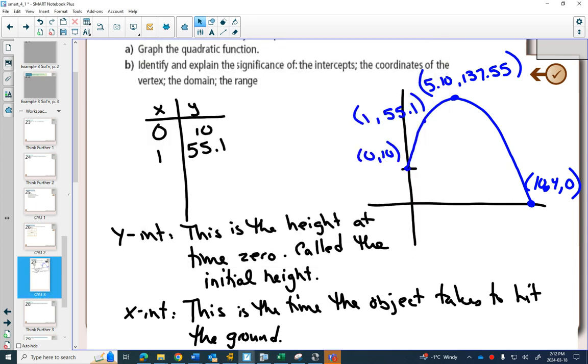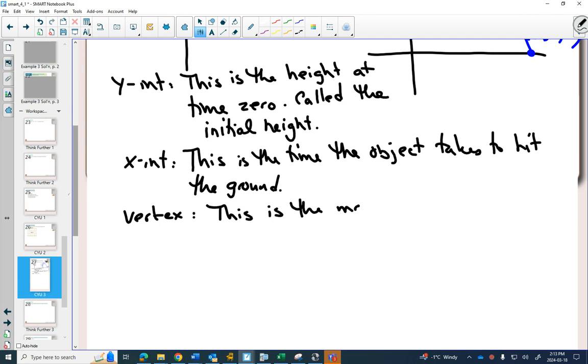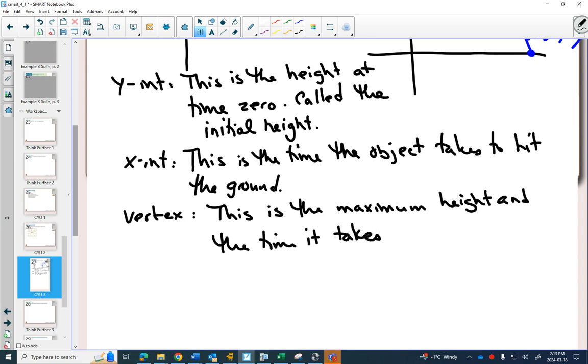Okay, so we've explained the significance of our y-intercept, of our x-intercept. The vertex, in this case, since it opens down, will give us the maximum height and the time it takes to reach that height.